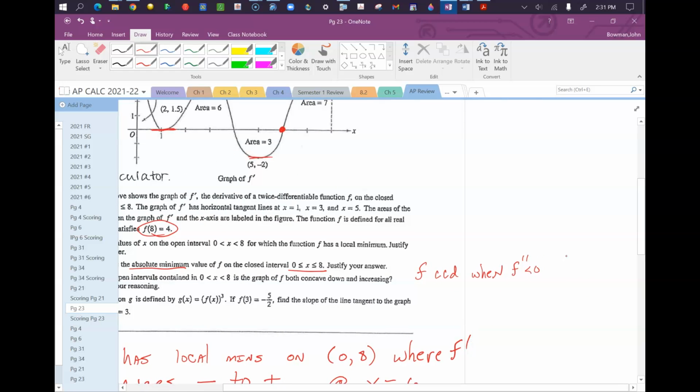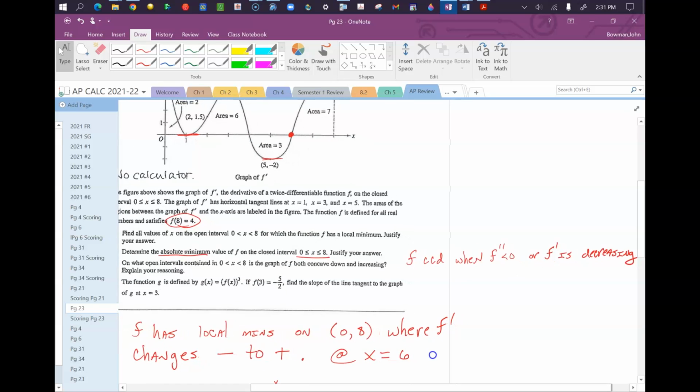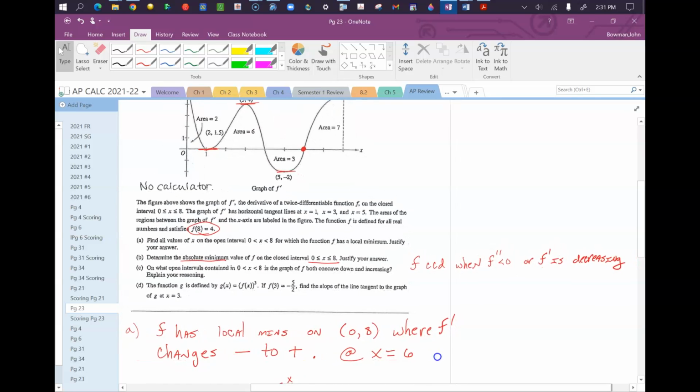Another way of saying that is f prime is decreasing, and I would refer it to f prime instead of f double prime because we're given a graph of f prime.